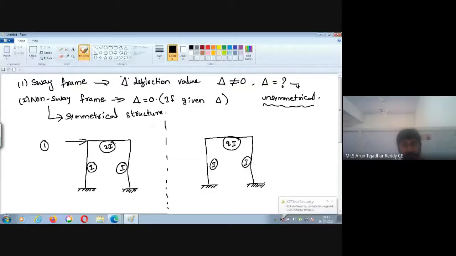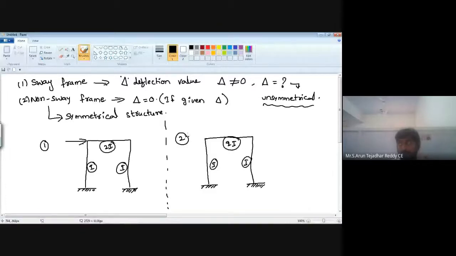What about the second diagram? Very difficult, no? So I'll tell you the four conditions. Based on those conditions, you need to answer me.